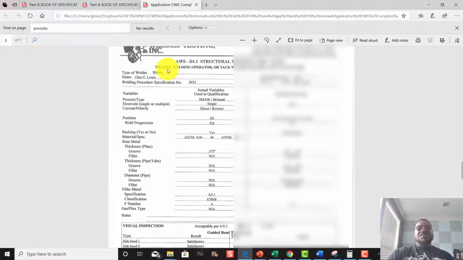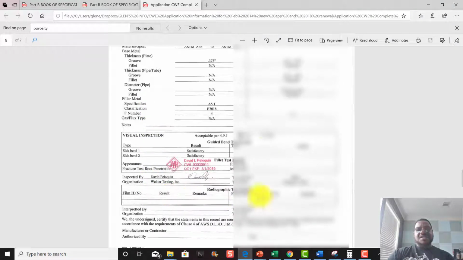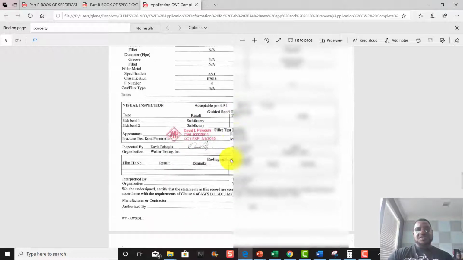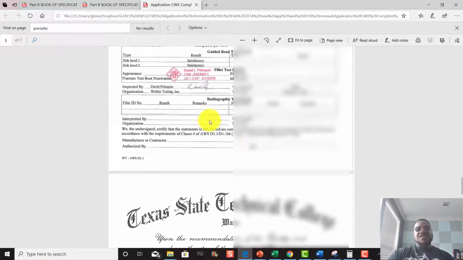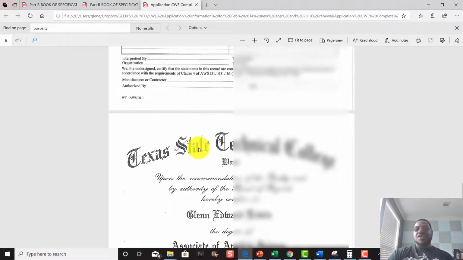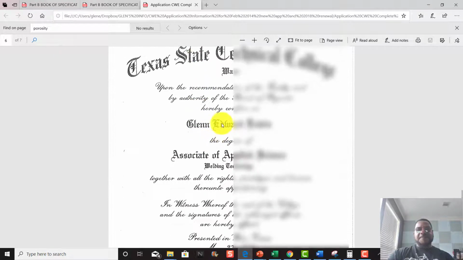But what you need is to get certified as a welder, and they take their bends, whether side bends or face bends, and then get it stamped by a certified welding inspector saying it's accepted, you passed the visual plus you passed the bends. You send all of this information in with your application to get your certification.